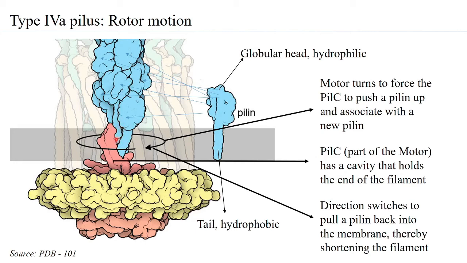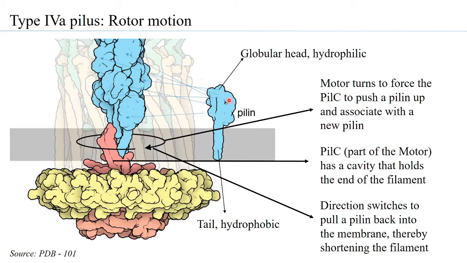Also, the tails remain within the pilus structure while the globular heads are present towards the outside, as they can then face the hydrophilic or aqueous environment that is present. We all know that bacteria have to survive in an aqueous environment, and if the pilus has to function, it has to be able to interact with it.